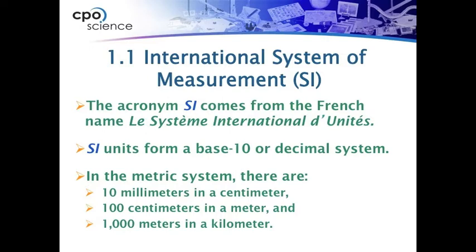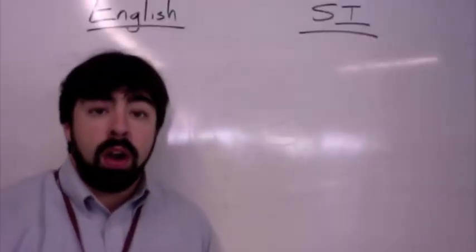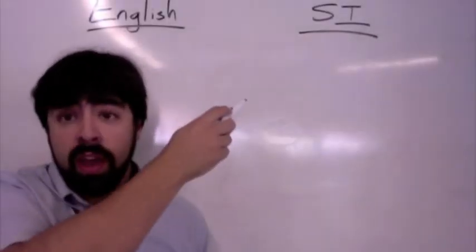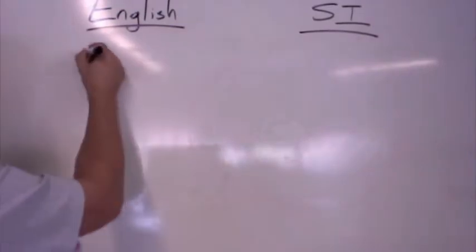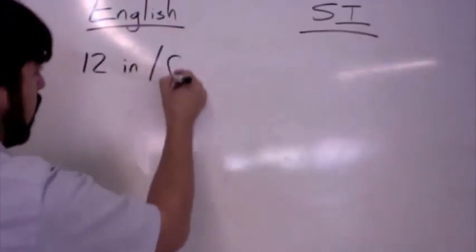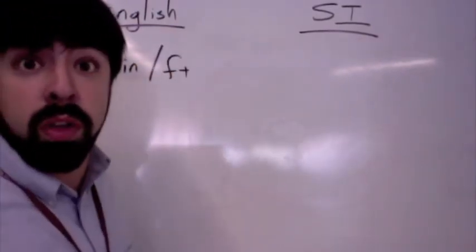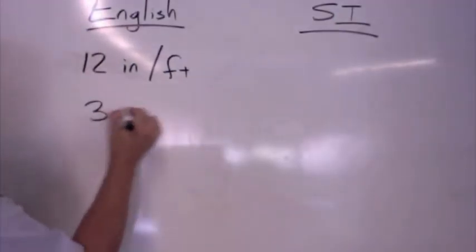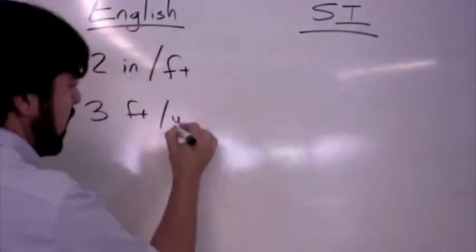Let's compare those side by side to the near English system equivalents. So I want to compare English versus SI again. In the English, there's 12 inches in a foot. There's 3 feet in a yard.